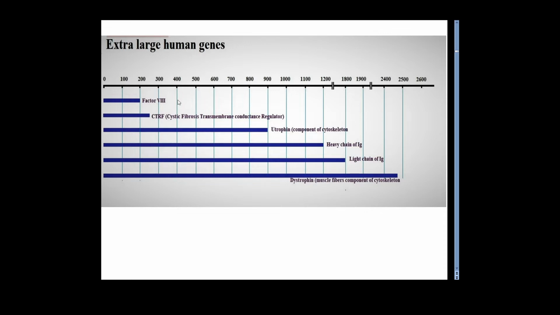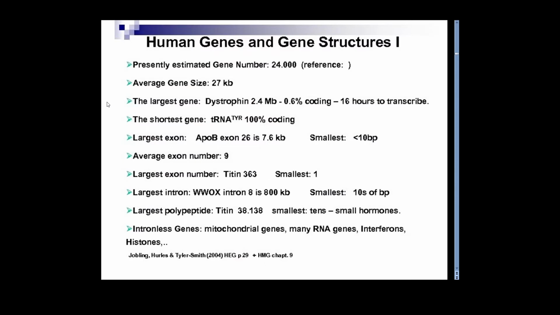Also, the cystic fibrosis transmembrane conductance regulator is also very big, some hundred thousands in length, and mutations in these genes can be relatively frequent.